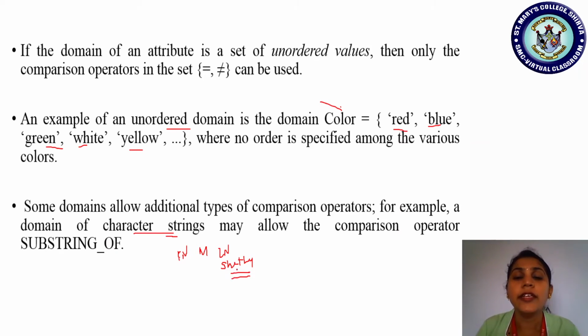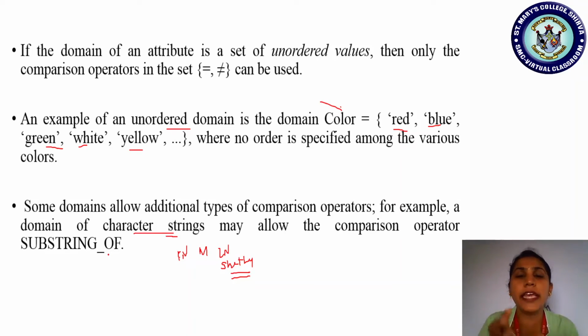Shetty. Okay, so some domains allow additional types of comparison operators. For example, a domain of character strings may allow the comparison operator substring of. With the help of substring of, we can try to fetch some part of the value.